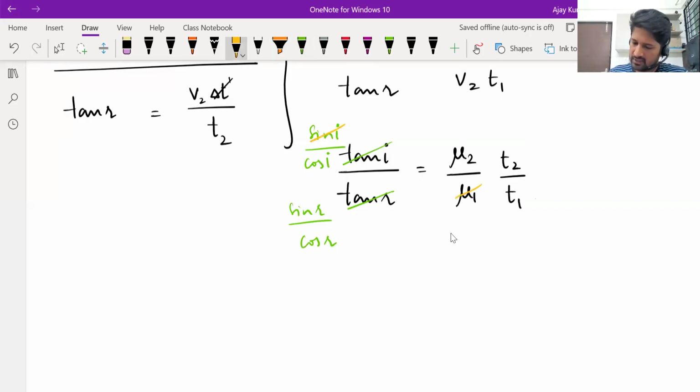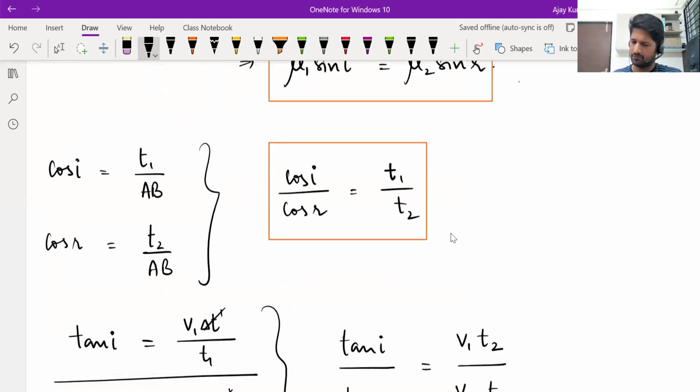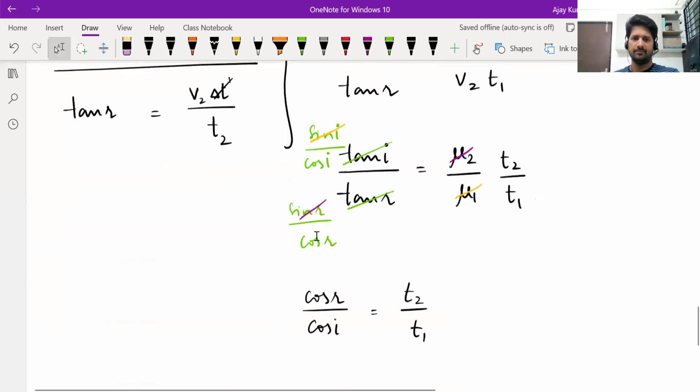Finally, you'll again be left with cos R divided by cos I is equal to T2 by T1, or cos I by cos R is equal to T1 by T2. I think that is what we got before also. You can express it in terms of tan, no problem, but the final relation you get will be the same.